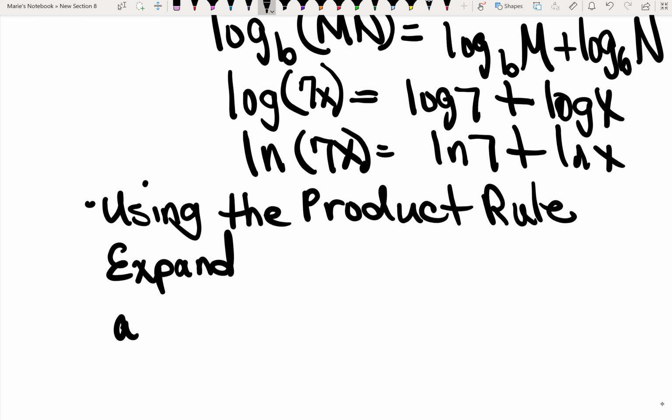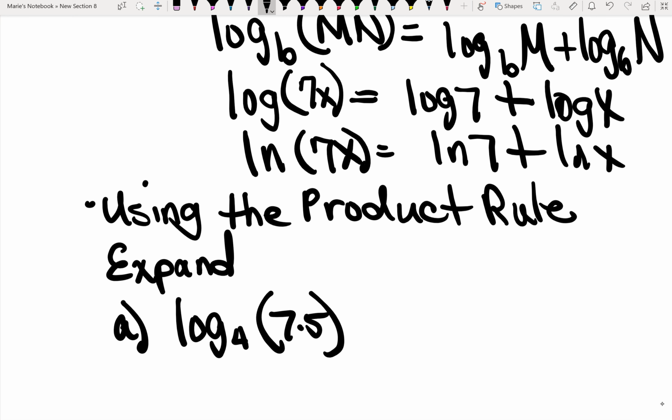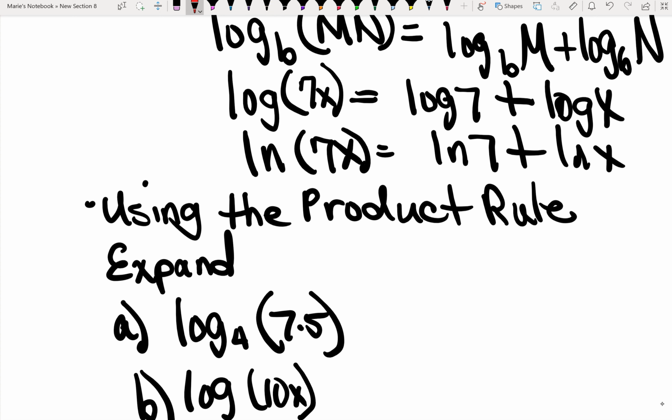And then in A, they give you log base 4 of 7 times 5, which they may present to you as, for example, log base 4 of 35, and then they would tell you to use 7 and 5. In example B, they give you 10x, and notice that there is no base. So remember what I said to you, when there's no base present, just remember that there is a 10 sitting here. So it's log base 10 basically.